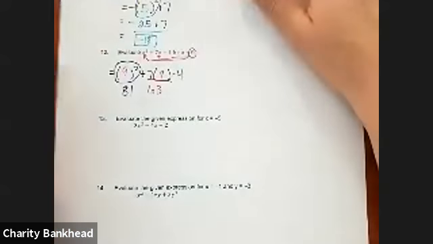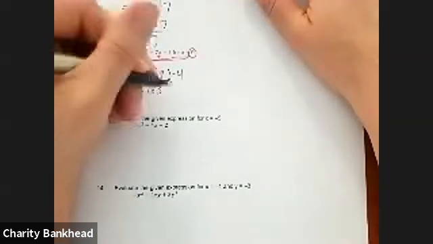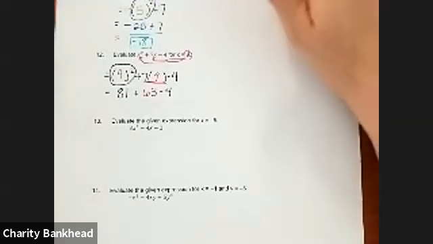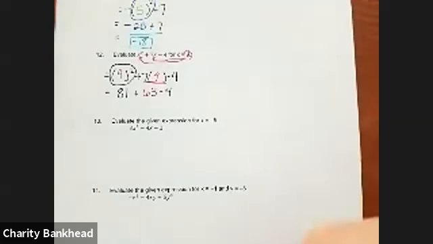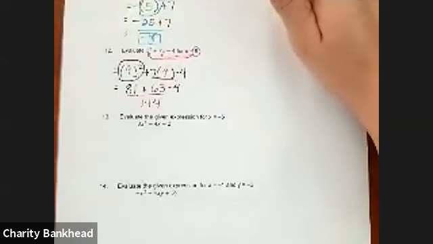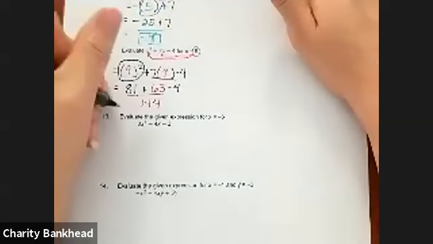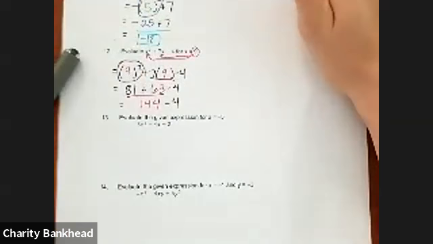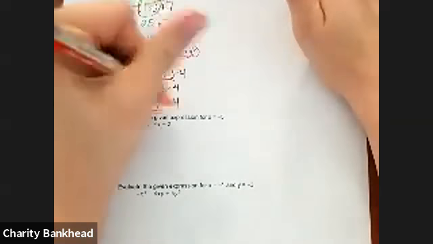So now I have 81 plus 63 minus 4. So 81 plus 63 equals 144. So then 144 minus 4 would be equal to 140.